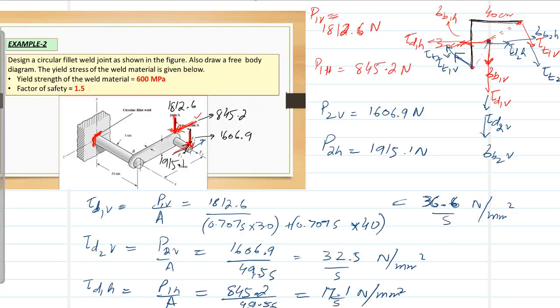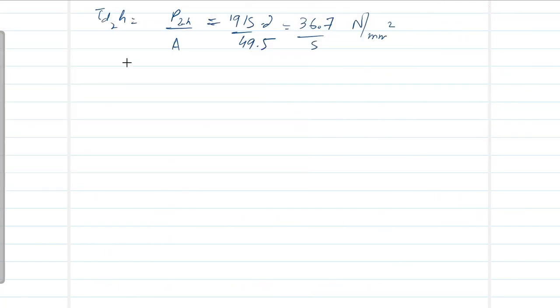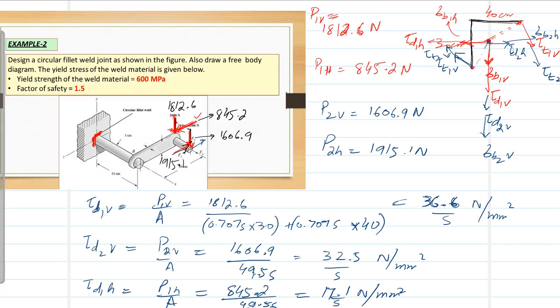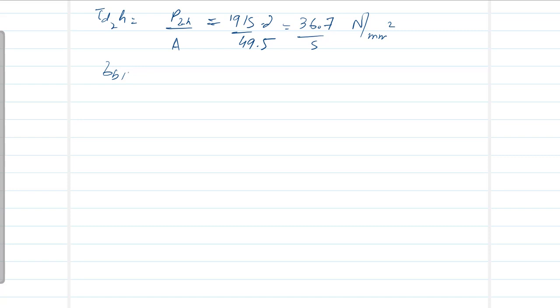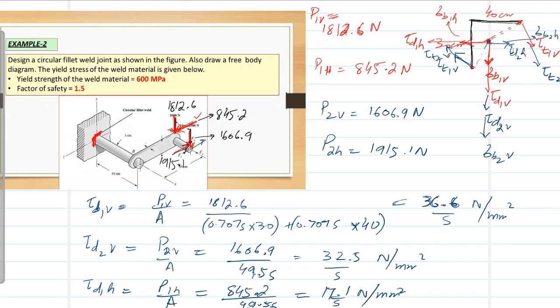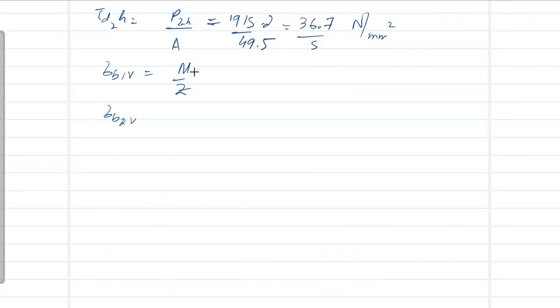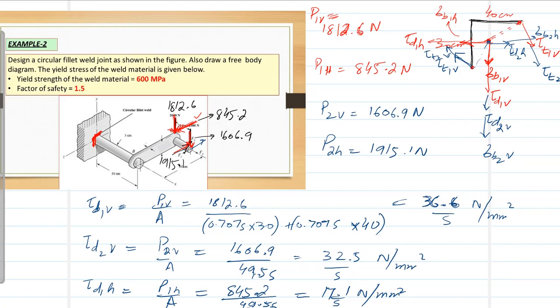Clear? These are all. Now we find the bending stresses. Now we are quantifying it. Sigma B1V, which is M over Z. Now we have to find Z. Or again, sigma B2V, which is M2V by Z. We are bending in the horizontal direction as well.